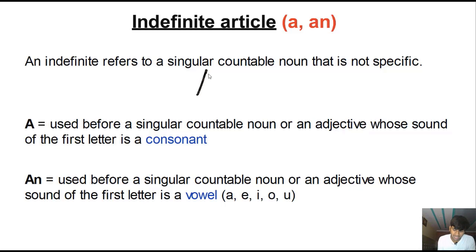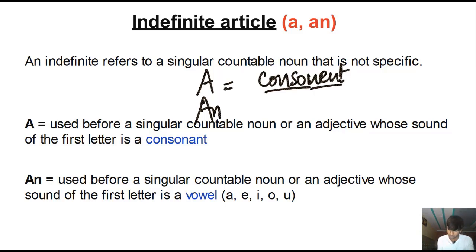Okay. Now, when to use a and when to use an. So, a is used before a word whose sound of the first letter is a consonant. And an is used before a word whose sound of the first letter is a vowel. All right.